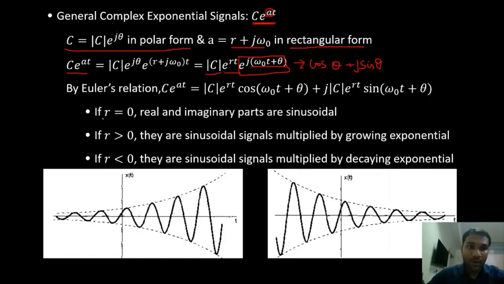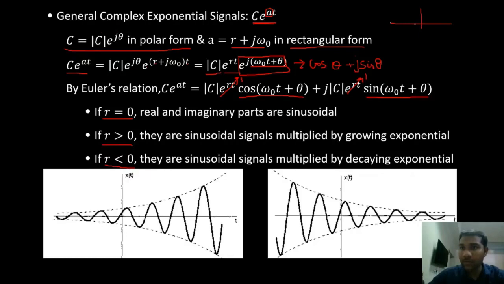Now depending on the value of r, this signal varies. How will it vary? What will happen if r equals 0? If r equals 0, this becomes 1 and this becomes 1. What are we left with? We are left with cos and sine. So the real part will be a cos signal and the imaginary part will be a sine signal, right? It looks something like this.